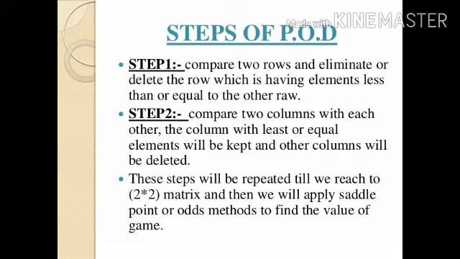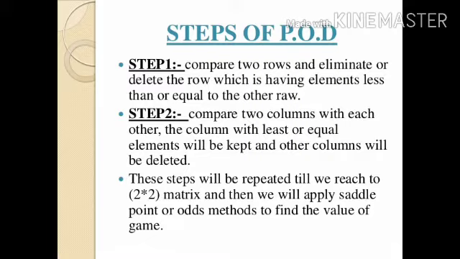It is possible to reduce the size of the payoff matrix by eliminating a row or a column which is dominated by another row or column respectively. This is called the dominance property. See the general rule for the dominance property for a row.